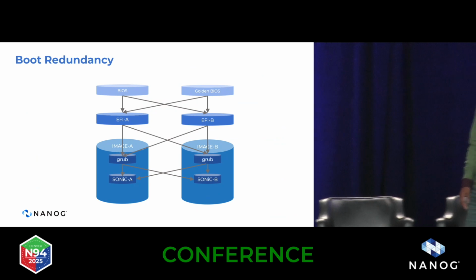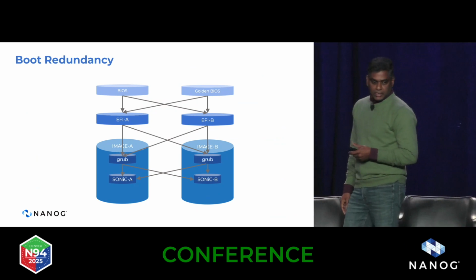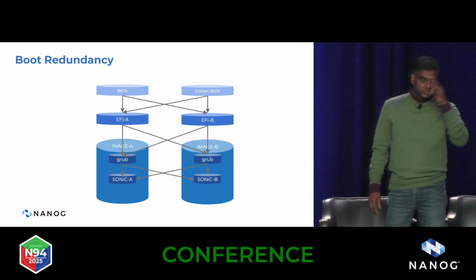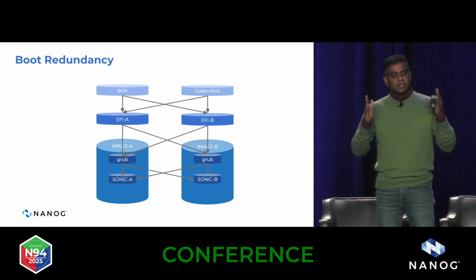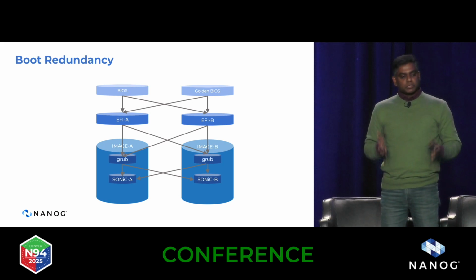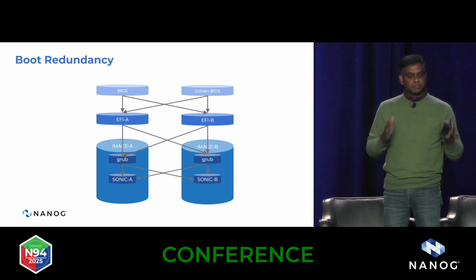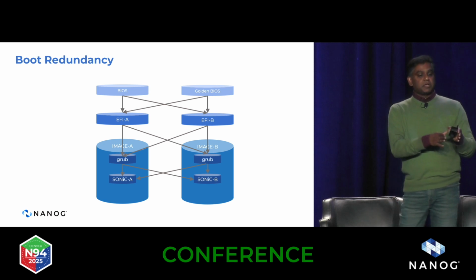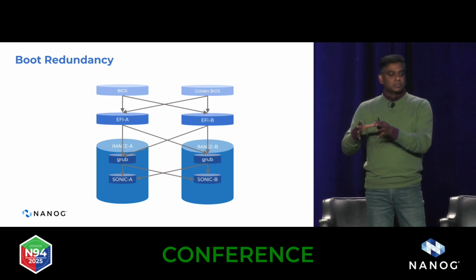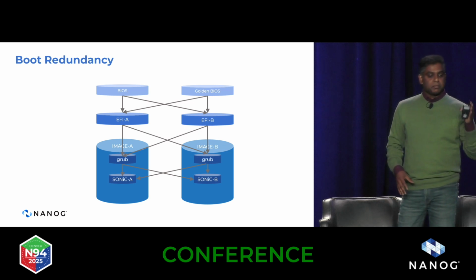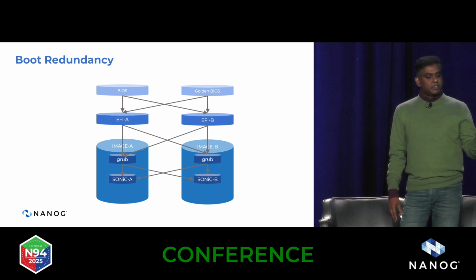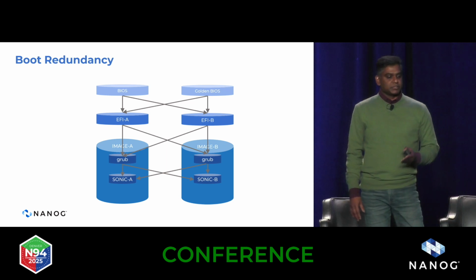How did we do that? This is a quick overview of the image pointers that are out there. On most of our Cisco devices, we have BIOS, which is the regular primary BIOS. There's a golden BIOS as a backup. If the primary BIOS fails, golden takes over, right? And similarly, we have a primary EFI A partition, and there's an EFI B partition.